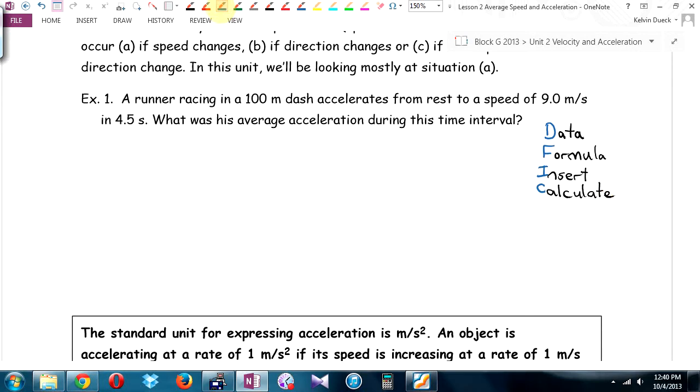Eventually, Curtis, you'll get good enough where you can skip some of this, but in our notes always, so that when you're studying you know what the heck we did. When in doubt, always DFIC.